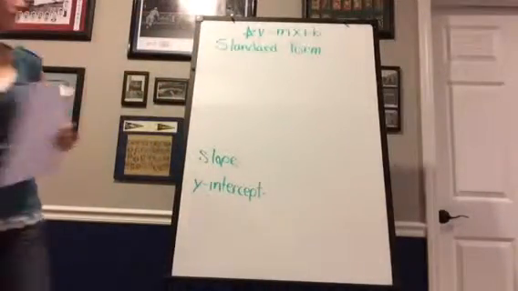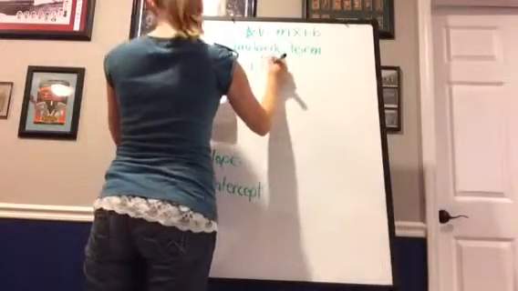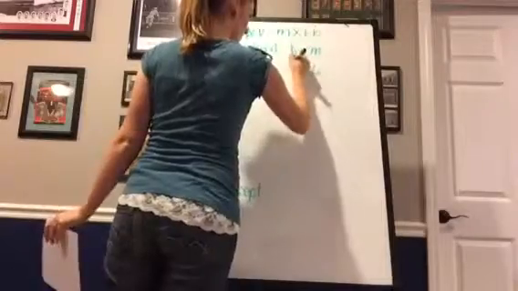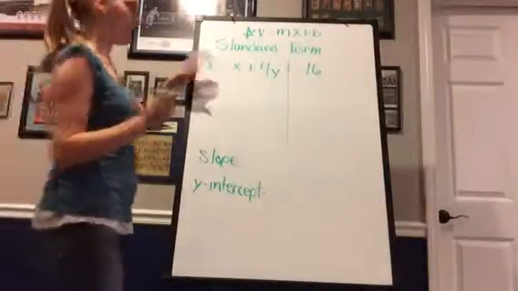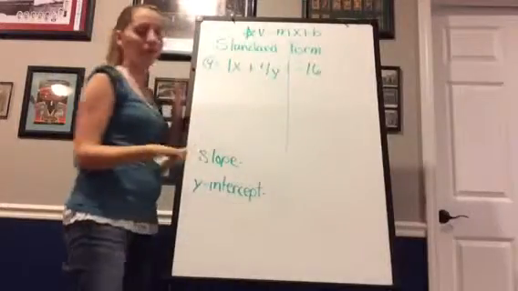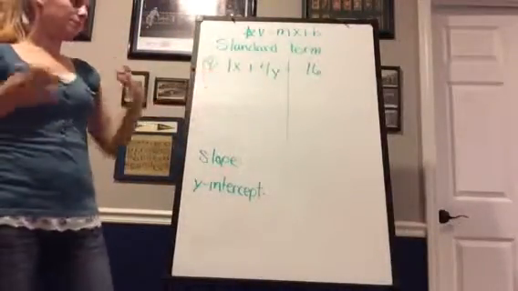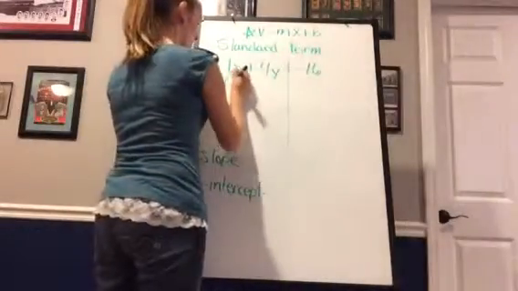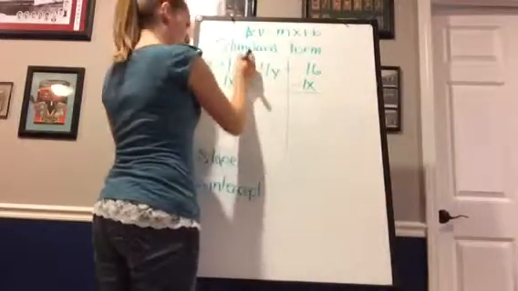Number 4, we have x plus 4y equals negative 16. So first step in solving it is to cancel out that x. Now I'm going to go ahead and put the 1 in front of the x so I don't forget what it is. I need to cancel out the positive 1x, so to do that, I'm going to subtract 1x on both sides so that they cancel.